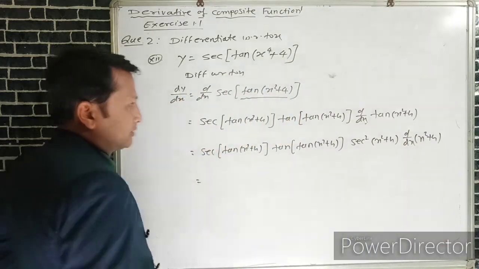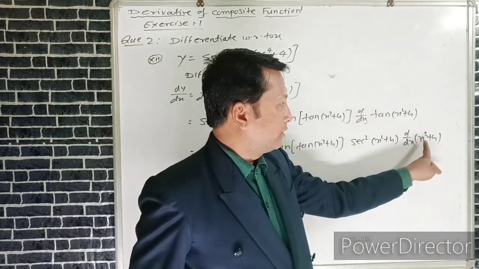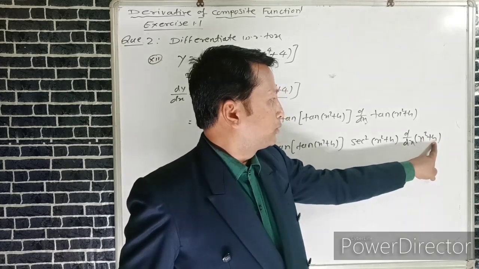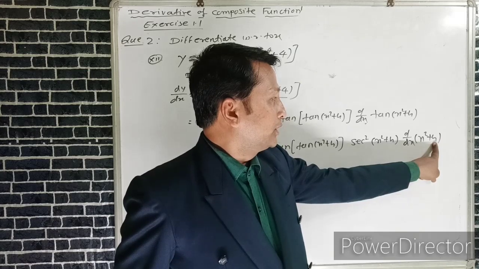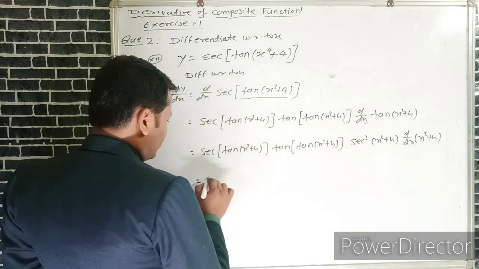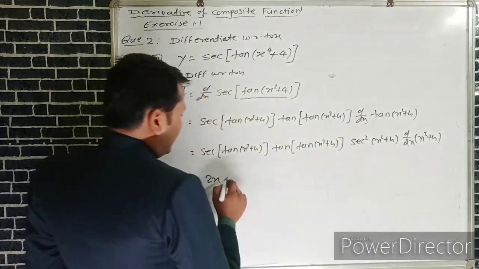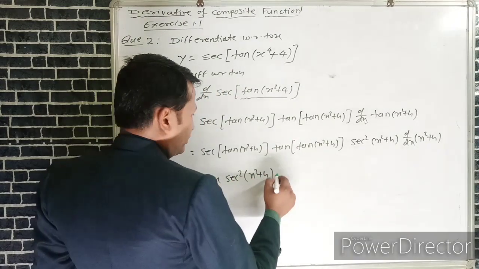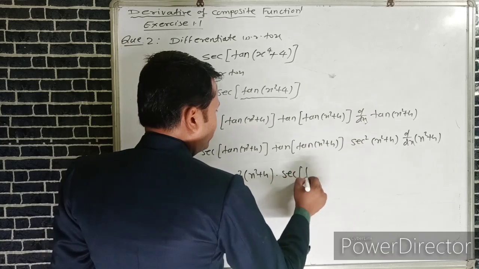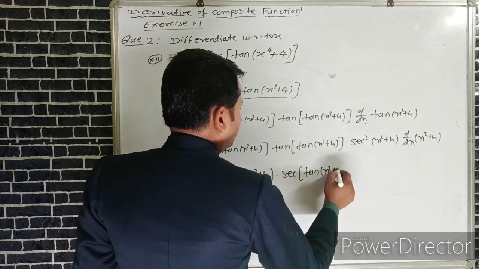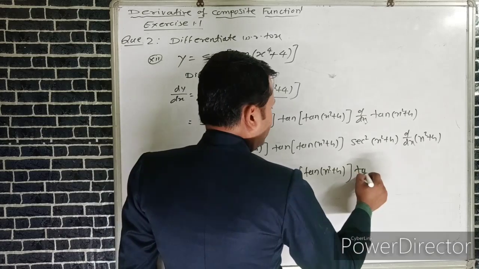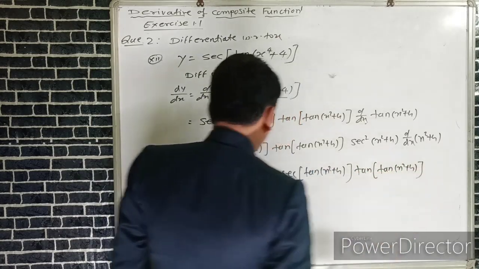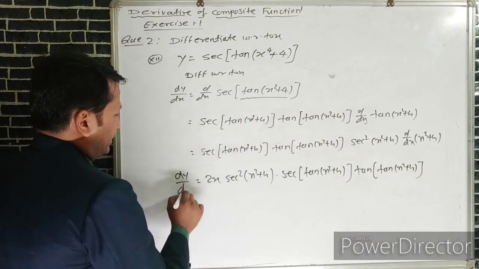After that, we know that the derivative of x square is 2x, the derivative of 4 is 0, so 2x plus 0 is 2x, we can write it 2x. After that, sec square of x square plus 4 into sec of tan of x square plus 4 into tan of x square plus 4, which is the required derivative of y, dy upon dx.